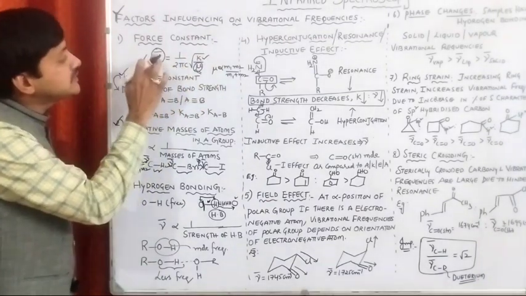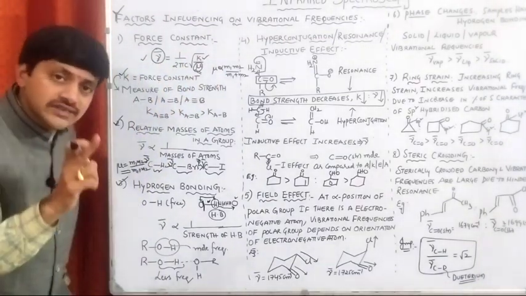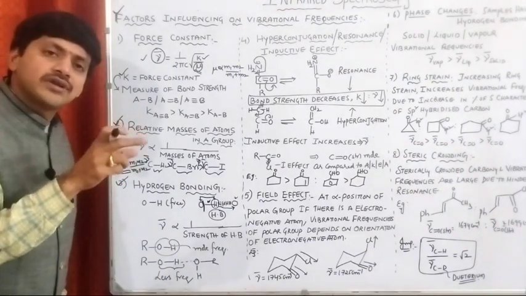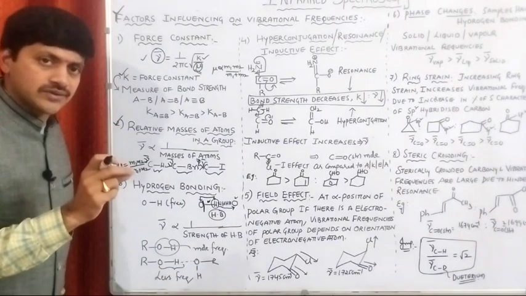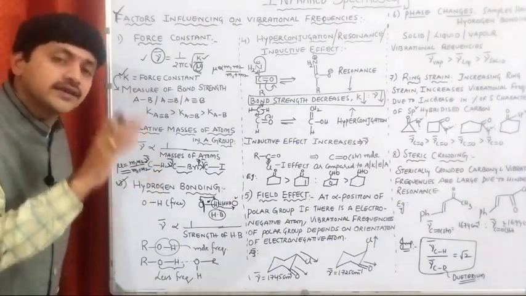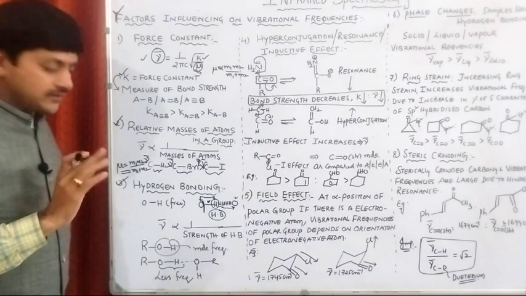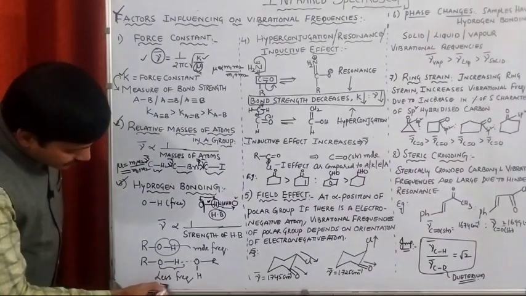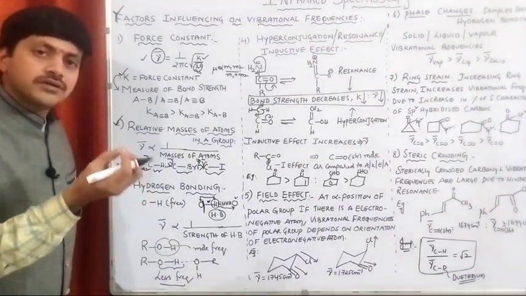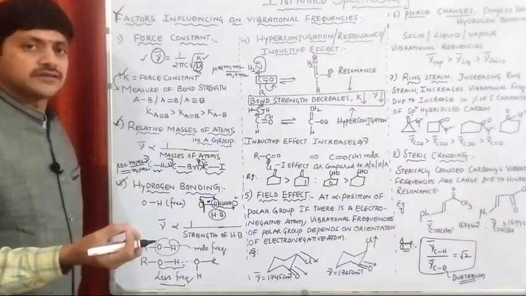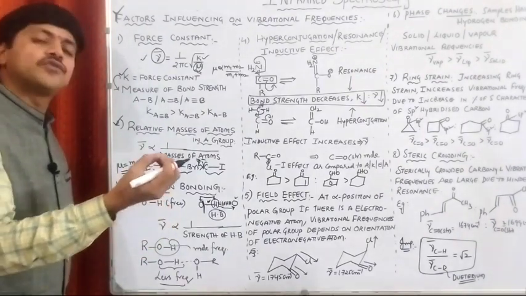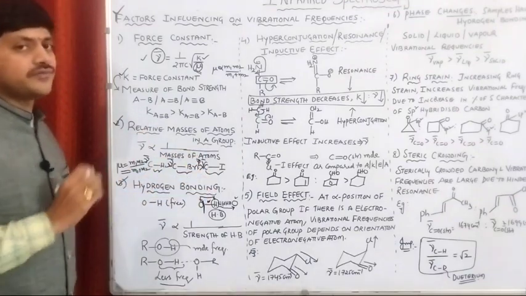Force constant decreasing means vibrational frequency decreasing. That's why whenever the atom is involved in any kind of hydrogen bond, the vibrational frequencies will always be reduced. Lesser frequency. The presence of hydrogen bond decreases the bond strength. Decreasing bond strength means decreasing force constant. Decreasing force constant means decreasing vibrational frequency.